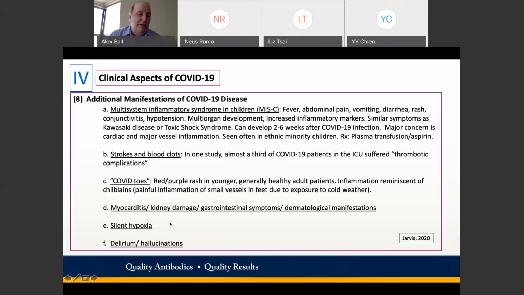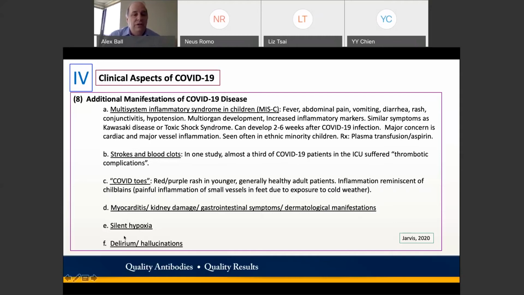The other thing that is seen is this notion of silent hypoxia. So somebody with extremely low pulse oxygen saturation on their pulse oximeter, when they should be in distress and extremely short of breath, actually looks quite calm and is breathing normally, and no one understands why this is.